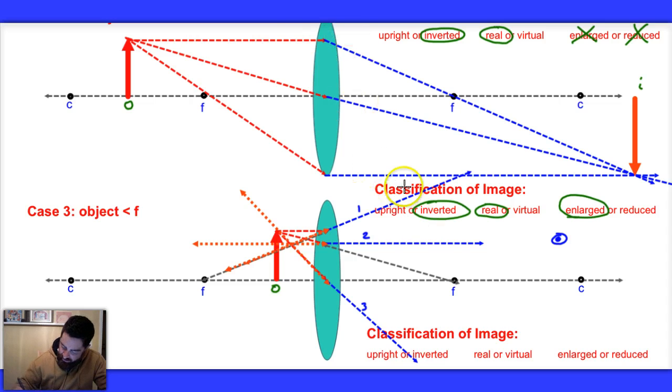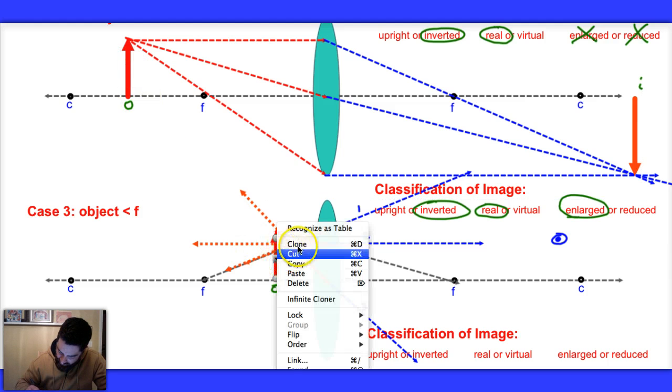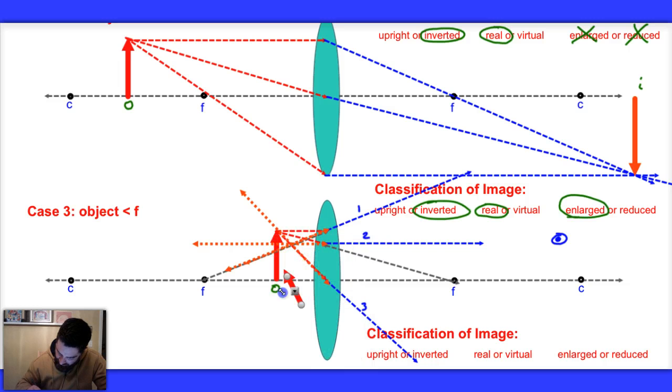So those three rays appear to converge on some spot on the same side of the lens that the object is. And what you'll see is that creates a virtual image. So it's now still upright, but now smaller than the actual object itself.